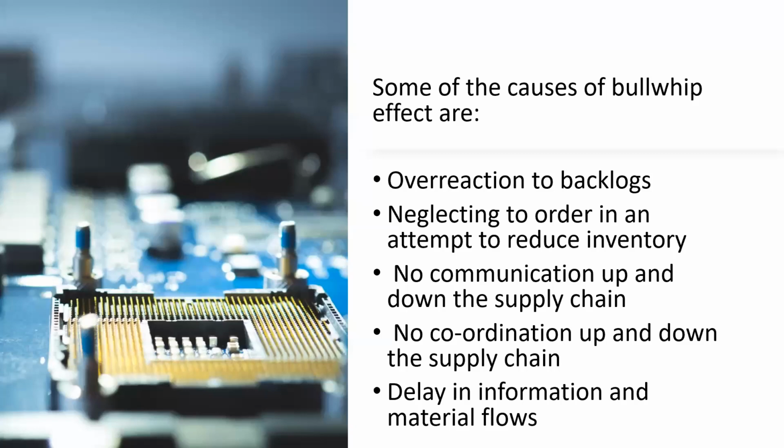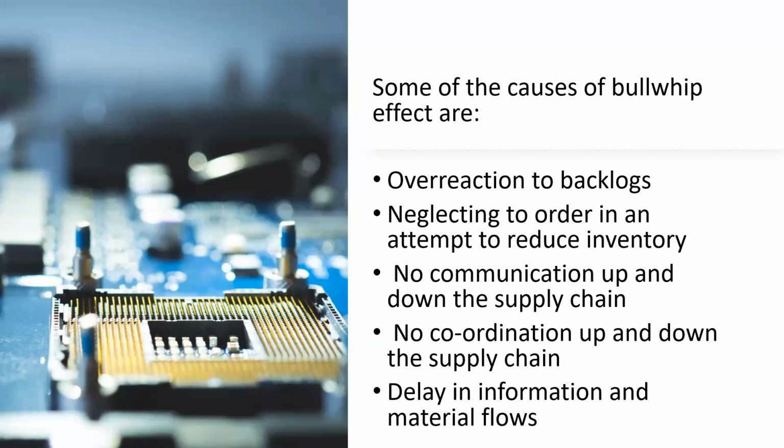The bullwhip effect can lead to overreaction to backlogs, neglect of your order in an attempt to reduce inventory, no communication up and down the supply chain, no coordination up and down the supply chain, and delays of information.